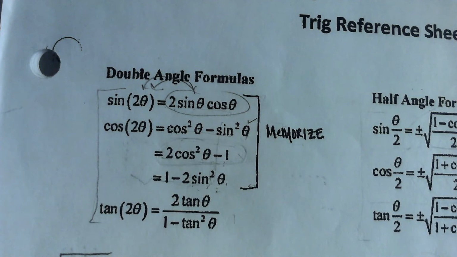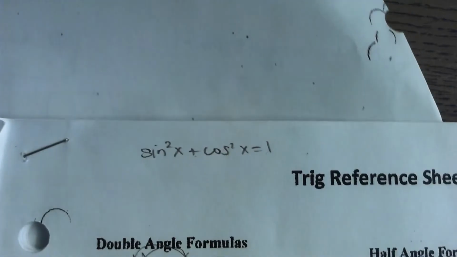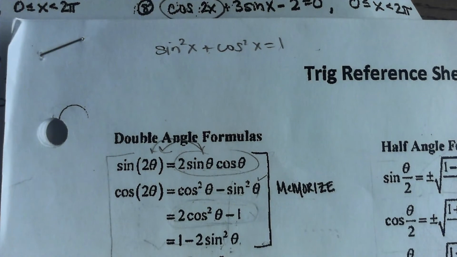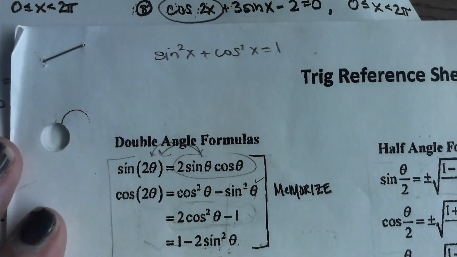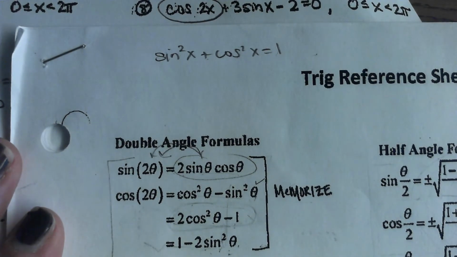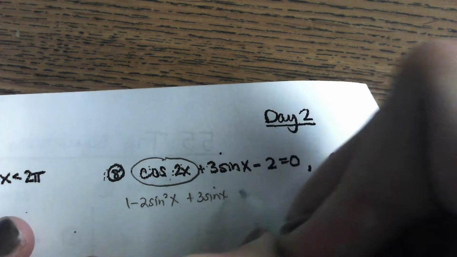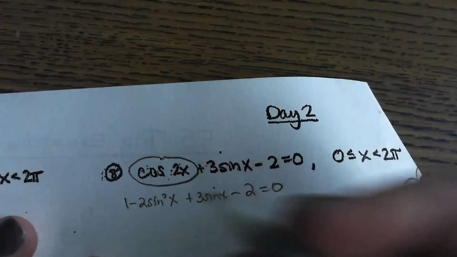But which one, Morgan, would you try using? I think that's a good idea. 1 minus 2 sine squared will make everything in terms of sines. So 1 minus 2 sine squared. Rewrite it.